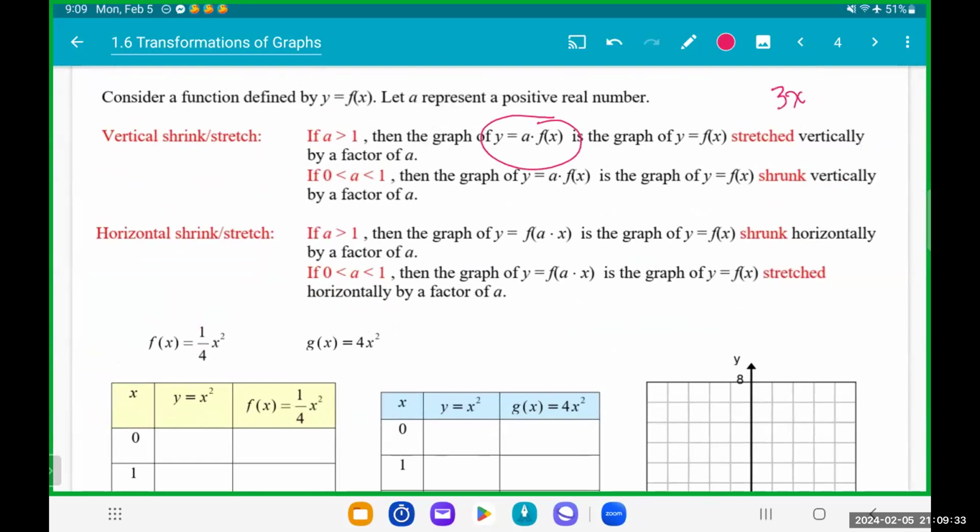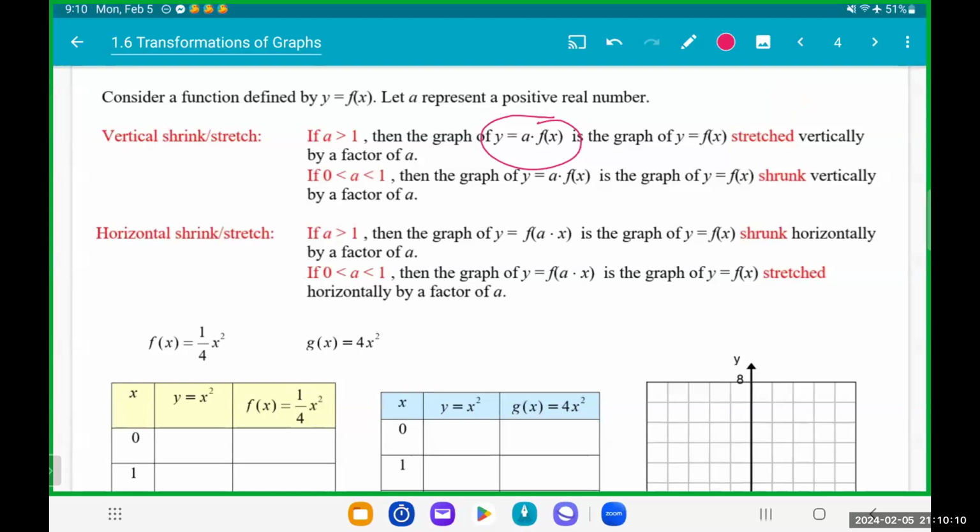But if I throw a 3 in front of it, now I'm going to shrink or stretch depending on if that a is greater than 1, or if it's between 0 and 1. So we're not talking negative here. Basically, is it a whole number or is it a fraction? Like 1/2, 1/4, 1/3, and so forth. And so it'll depend if we're stretching it or shrinking it.